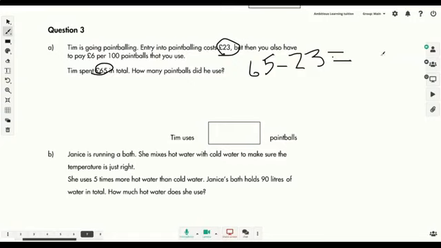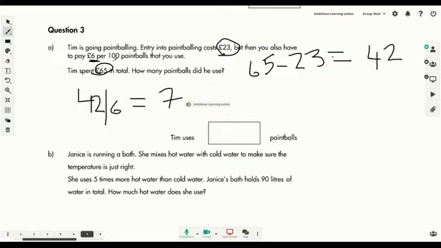That gives me 42. So how much do they cost? You need to pay 6 pounds. So you divide 42 divided by 6. You will get 7.